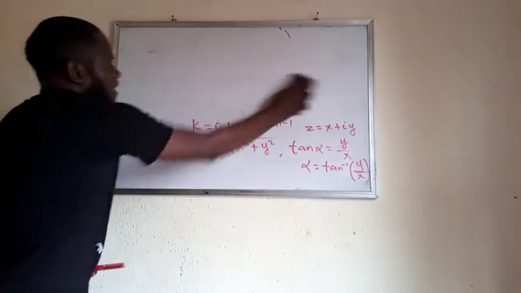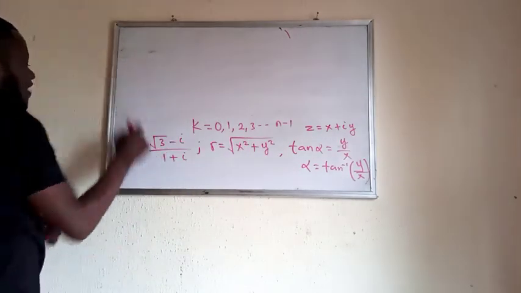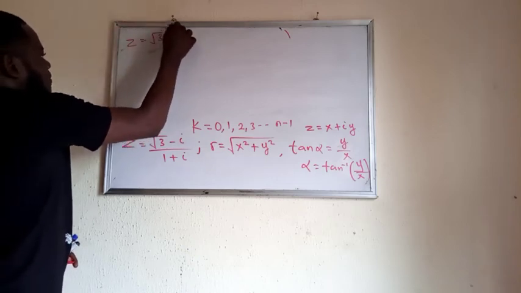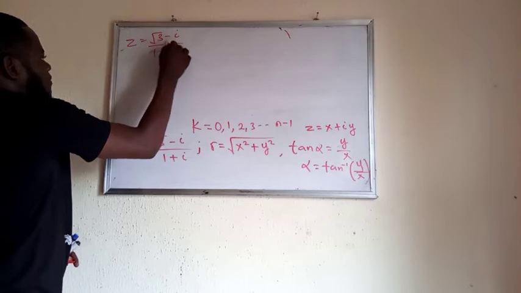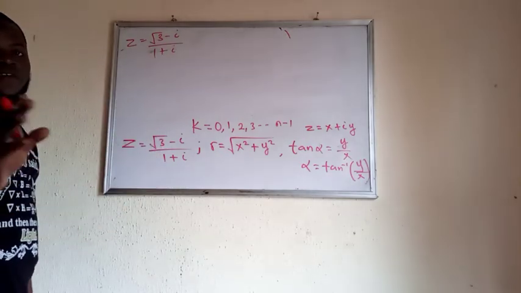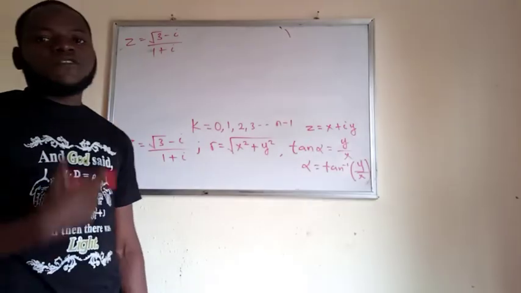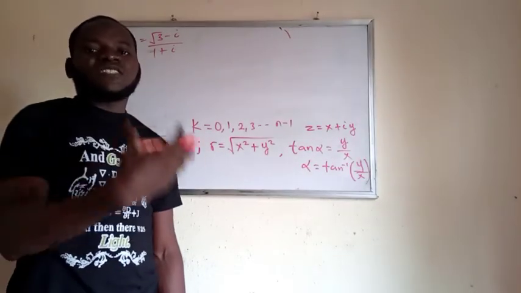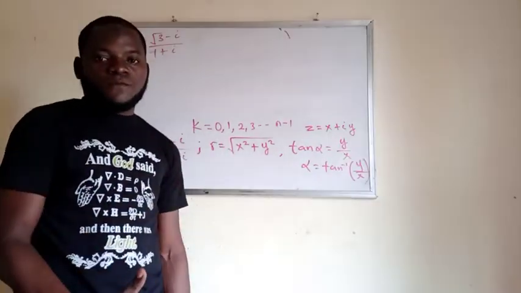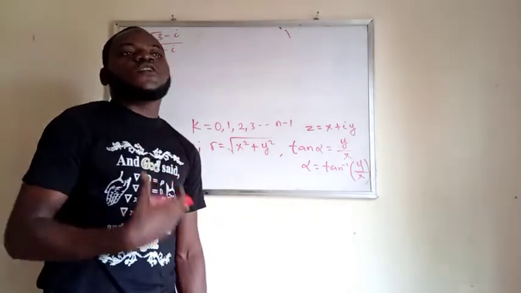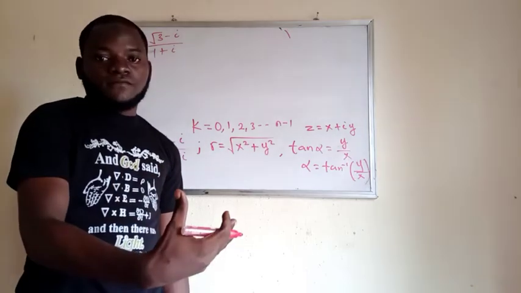So, if I have my complex number z to be (the square root of 3 minus i) divided by (1 plus i). Remember, irrational numbers are those numbers with non-terminating, non-repeating decimals. Because of this, you cannot express them as a fraction.